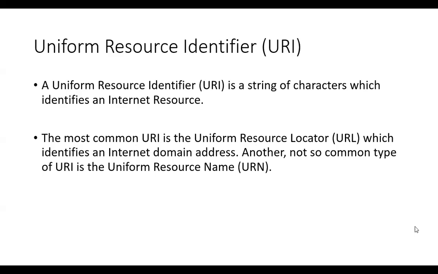For example, in a web address, we call it a URL. If you take the university, we can have www.pdn.ac.lk, which is an address, right? The other one is a unique identifier for a resource, which you can have, for example, like an ISBN number, which we can use, right?